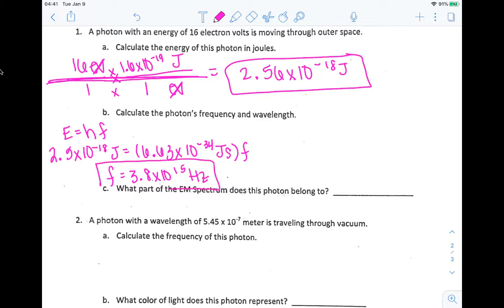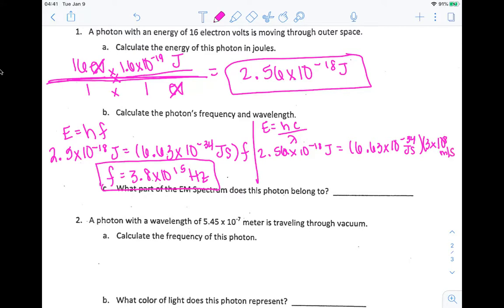This question, however, also asks you for wavelength, and for this, we're going to use E equals hc over wavelength. E, again, is our 2.56 times 10 to the negative 18 joules. That's equal to Planck's constant, 6.63 times 10 to the negative 34 joule seconds, multiplied by 3 times 10 to the 8 meters per second, all over wavelength.